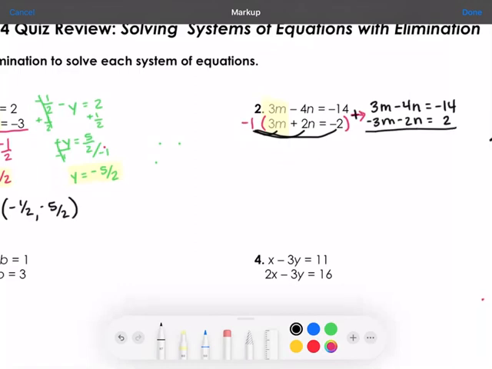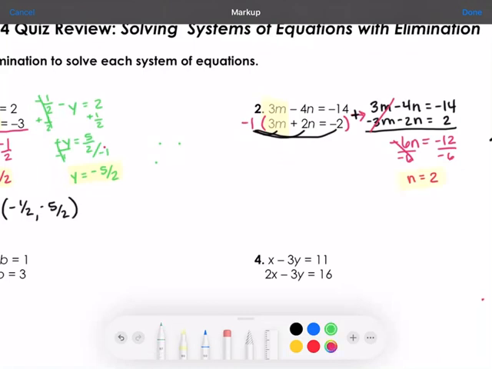So now I'm ready to add these equations together. So 3m minus 3m cancels. Negative 4n minus 2n, they both have a negative sign, so I'm going to keep the negative and add these numbers together. So I get negative 6n equals negative 14 plus 2, which is negative 12. Now I can divide both sides by negative 6, and I'm left with n equals positive 2.